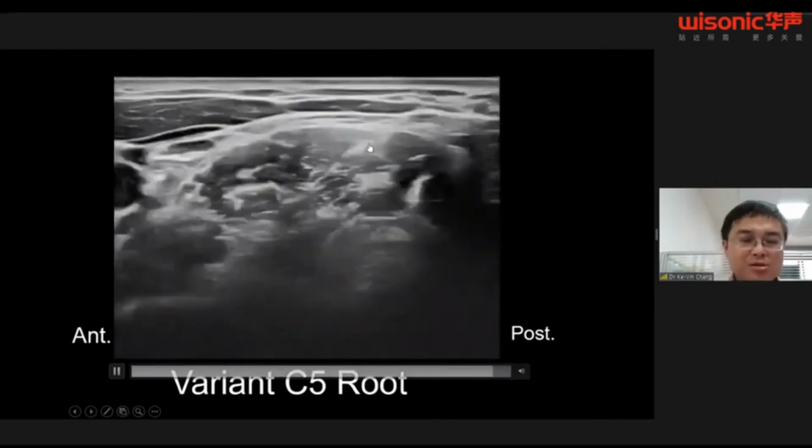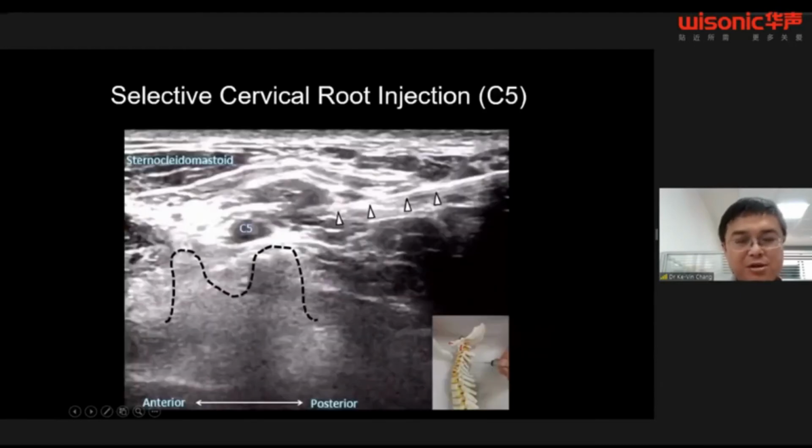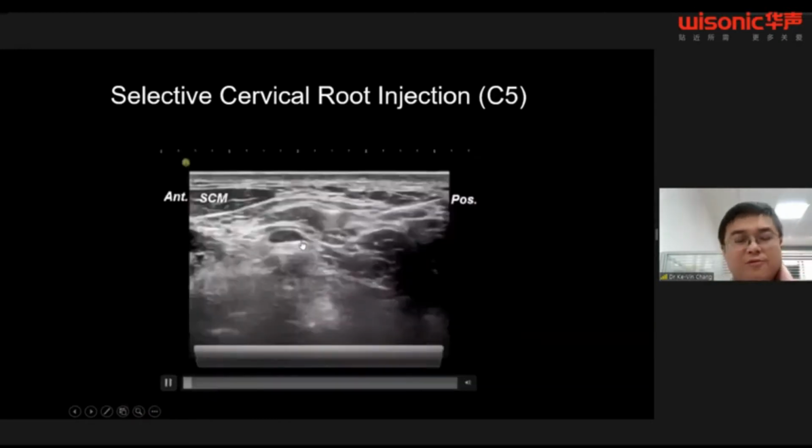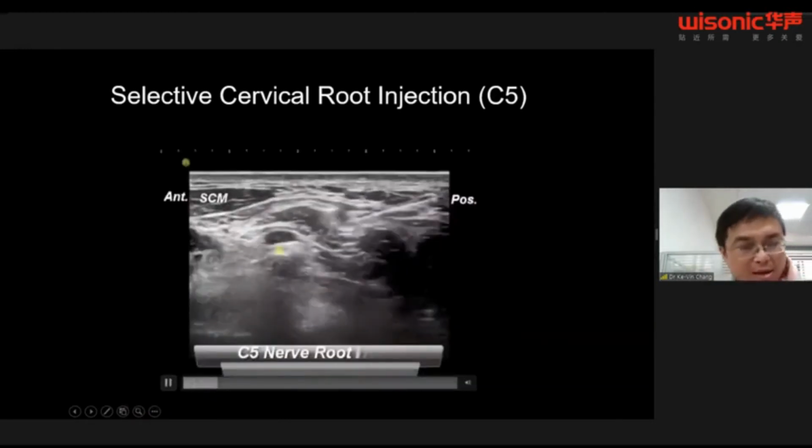You can find that usually in most people, the anterior tubercle of the transverse process is longer than the posterior tubercle. But at the C5 level, you can find that the anterior tubercle has an equal length with the posterior tubercle. And also at this level, you only recognize one nerve root.